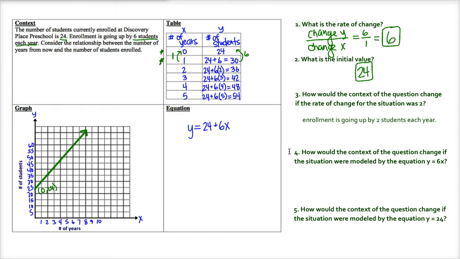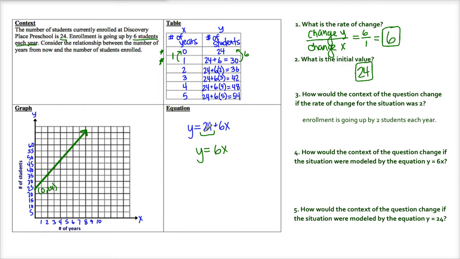Okay, next question says, how would the context of the question change if the situation were modeled by the equation y = 6x? So we want to know how the context changes if the equation changes. So if the equation changed to y = 6x, what part is missing? The 24, right? The 24 got pulled out.